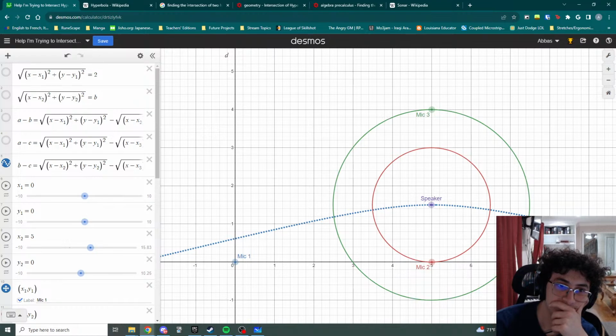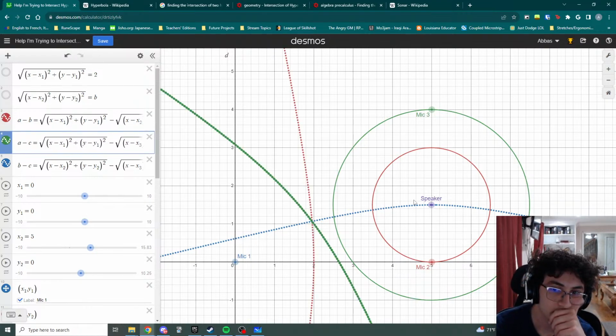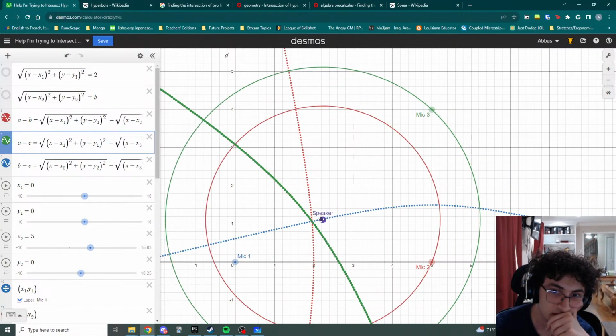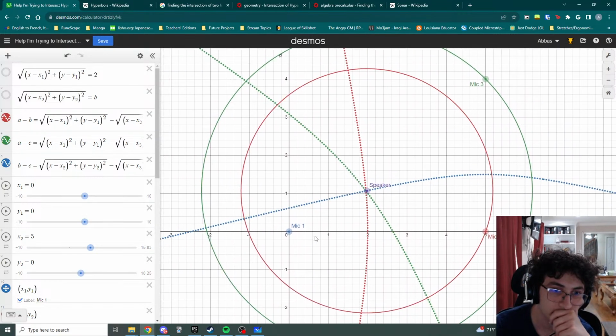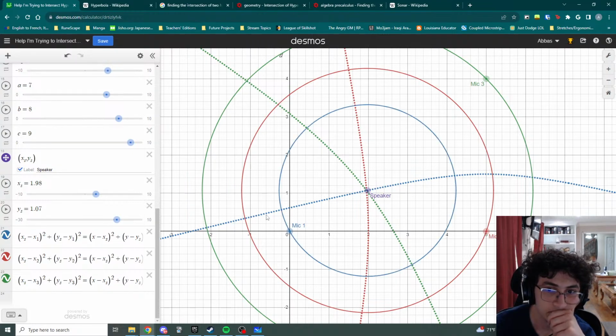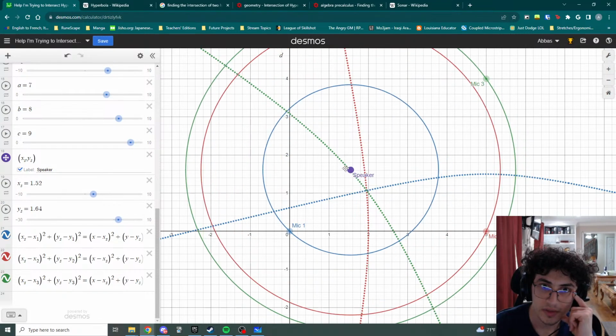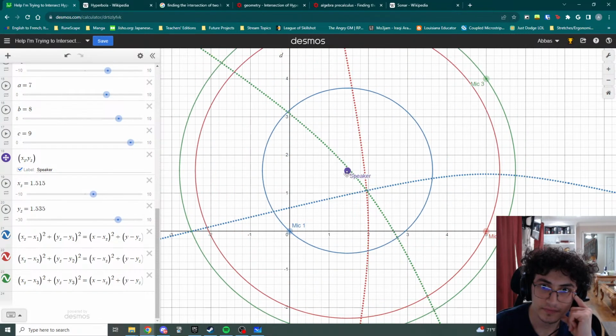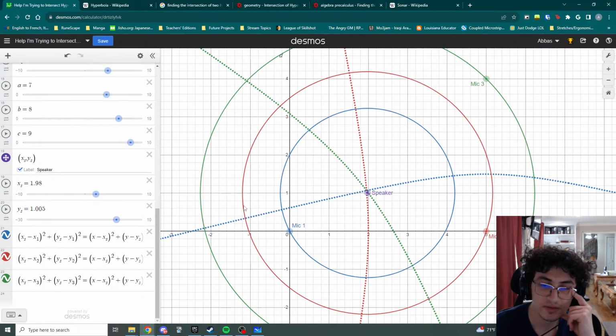Okay. So that means I need to go along here. The difference between this circle and this circle is 2. And it stays 2. The difference between the red circle and the blue circle stays 1.